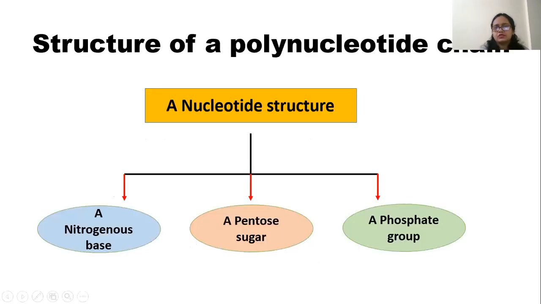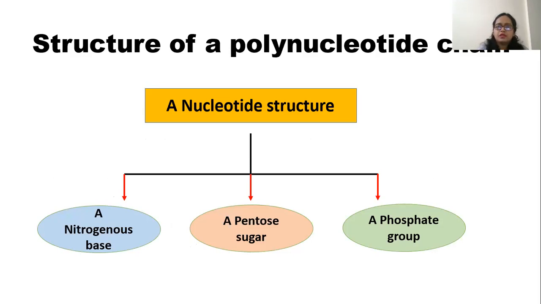Now we will deal with the structure of a polynucleotide chain. As in the first slide, I have told you that DNA consists of a chain of nucleotides, which means there are so many nucleotides. If there are two nucleotides, then it will be called a dinucleotide.